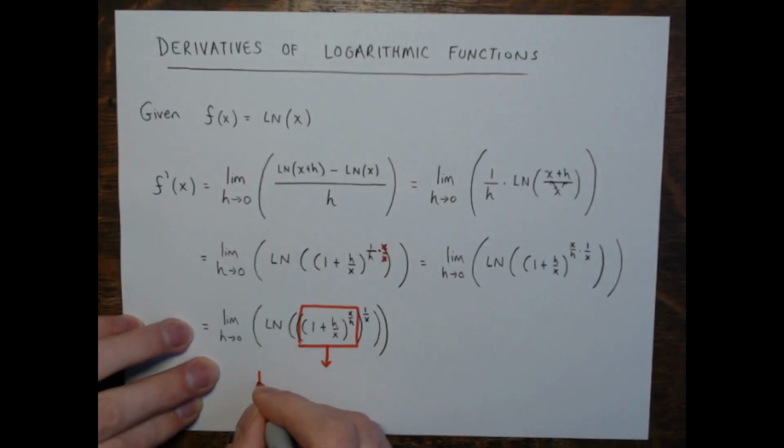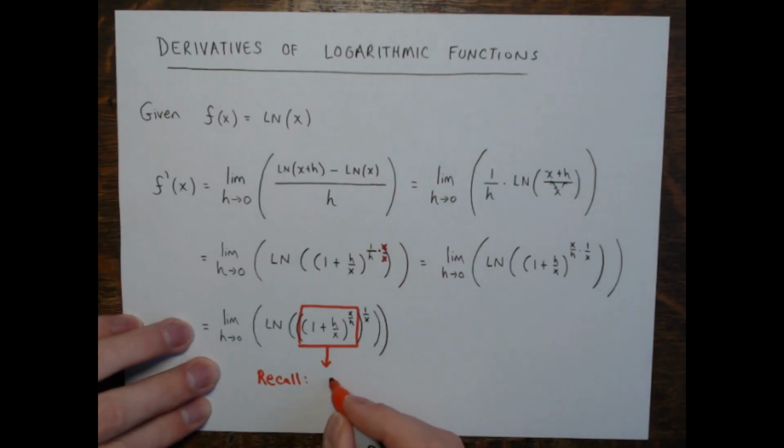You may recall from maybe a pre-calculus course or some college algebra course before this, that when you have an expression like this, 1 plus something, a little unknown box there, raised to the reciprocal of that thing, so 1 over that thing, flip that thing over, like the 1 plus h over x raised to the x over h, this approaches that value e as the value of the expression in the box approaches 0.